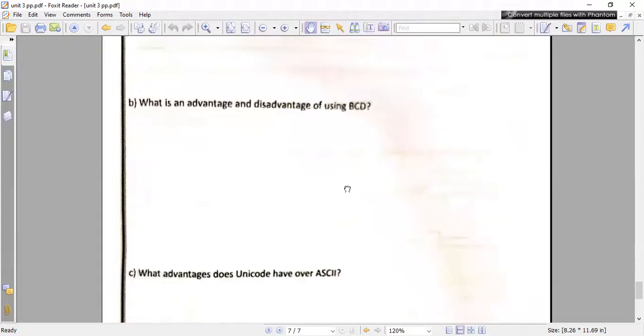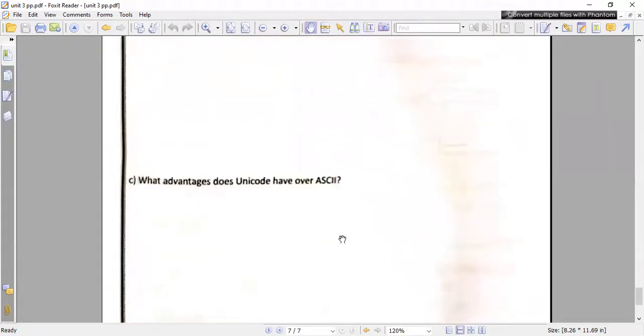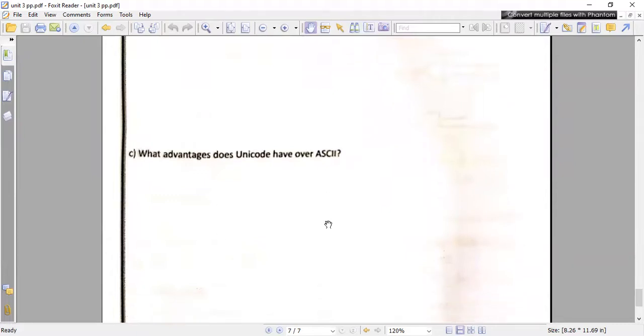We discussed them last week. What advantage does Unicode have over ASCII? Unicode is universally accepted and supports more symbols, with around 65,536 characters that can be represented. ASCII doesn't have that much space.